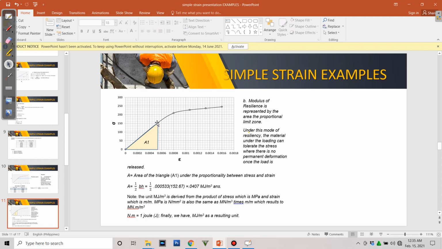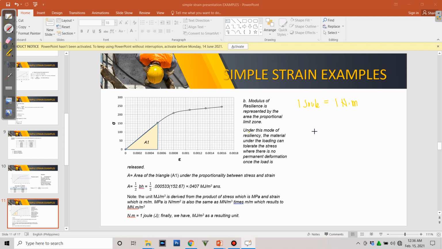Actually this is 152.67, and the corresponding strain is 0.000533. So we note that the resulting unit here is megajoule per cubic meter. Why megajoule per cubic meter? Because 1 joule is 1 Newton meter.